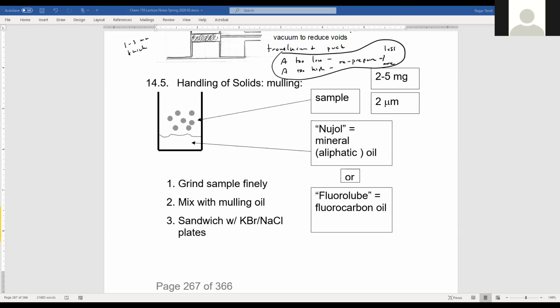They have predictable spectra, right? So you can say, oh no, okay, I'm using Nujol, so I can't use the 3000 range. I can't use this, right? So it's a solvent method, but it's not that uncommon. So you can make this mull, and you can grind up your molecules into this oil, and then sandwich them in the KBr plates or NaCl plates for that matter, and get a measurement.